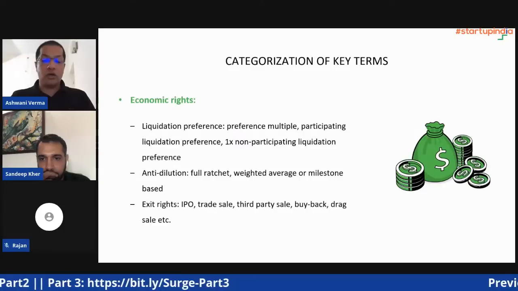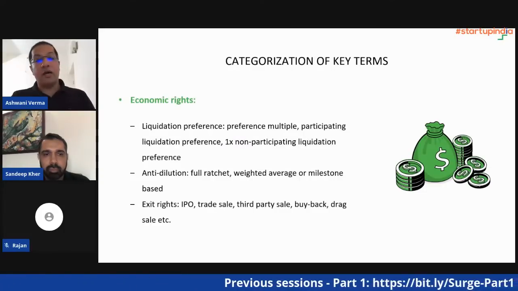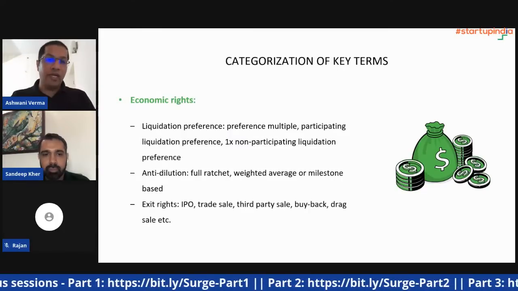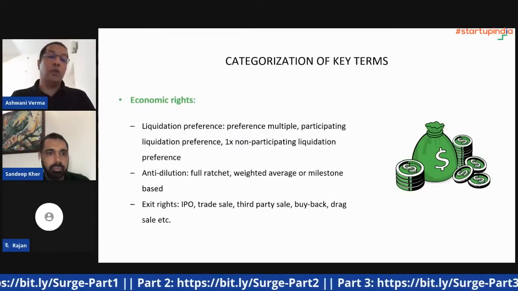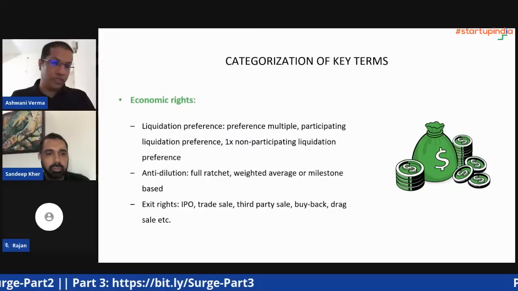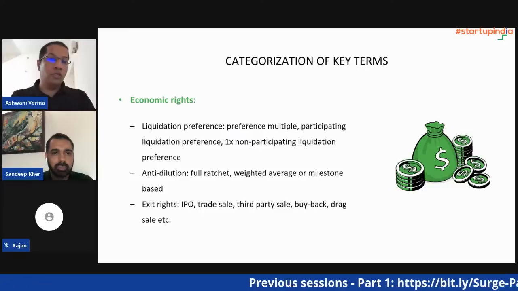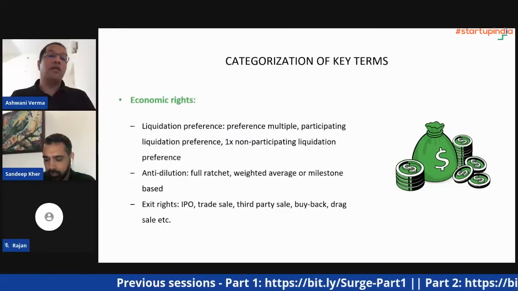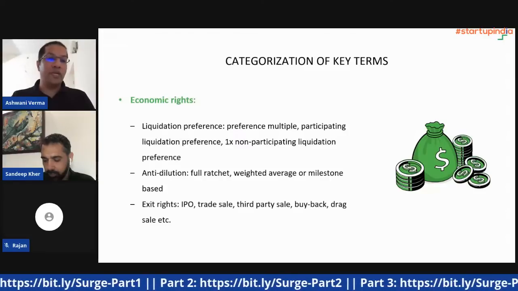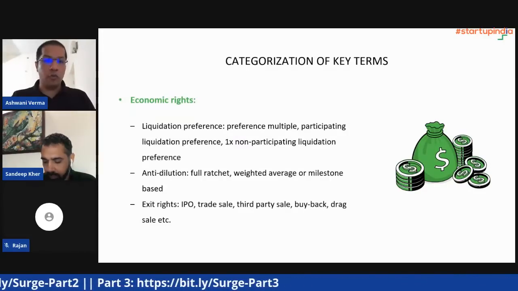Some of the investors structure the liquidation preference right such that if the company is ever liquidated, or if there is any liquidity event in relation to the company, the investors should be entitled to a certain multiple of the amount that they have invested. This was used a lot a few years back, but gradually the market has already shifted to a 1x non-participating liquidation preference, which we'll elaborate in a few minutes.